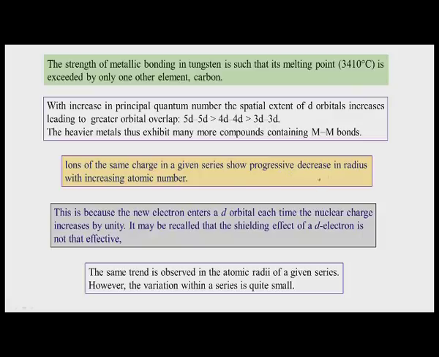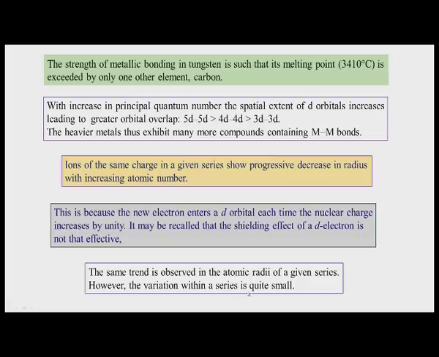Why is the radius decreasing? Because the shielding effect is less for the d electron, and all the incoming electrons from scandium to copper are only entering the d level. So the nature of the electron is the same, but the nuclear charge is changing from 21 to 29, which squeezes the size of all these ions.